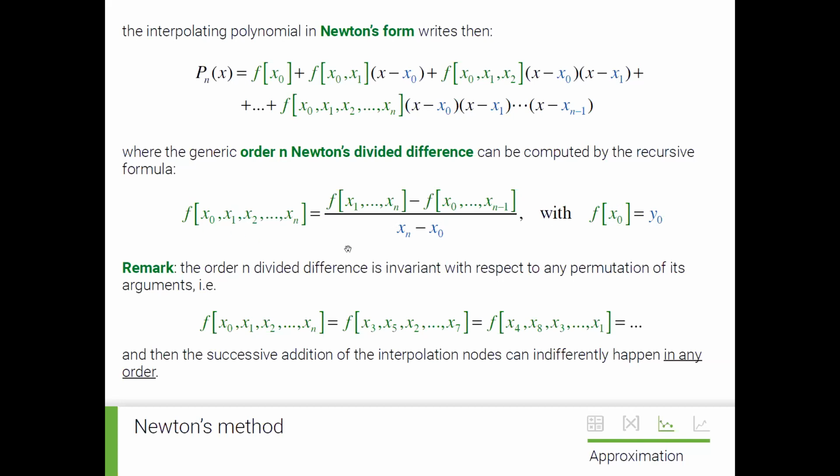So this is the recursion formula, and this is Newton's divided difference of order n.